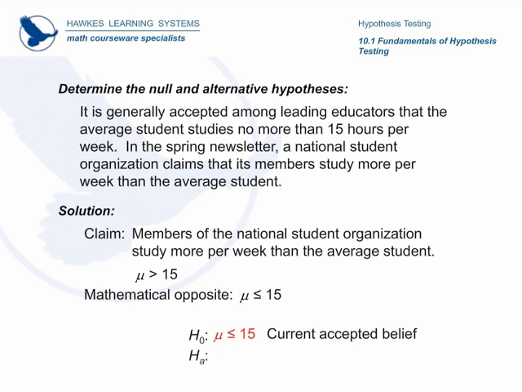Next, we have our alternative hypothesis, which is the mathematical opposite. And that states that the mean or average number of hours studied per week by students is greater than 15 hours per week, and that is the amount that the National Student Organization claims. So we're testing the hypothesis.